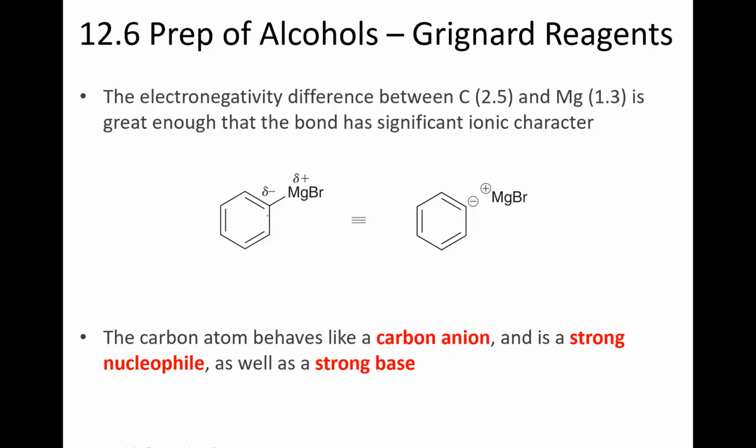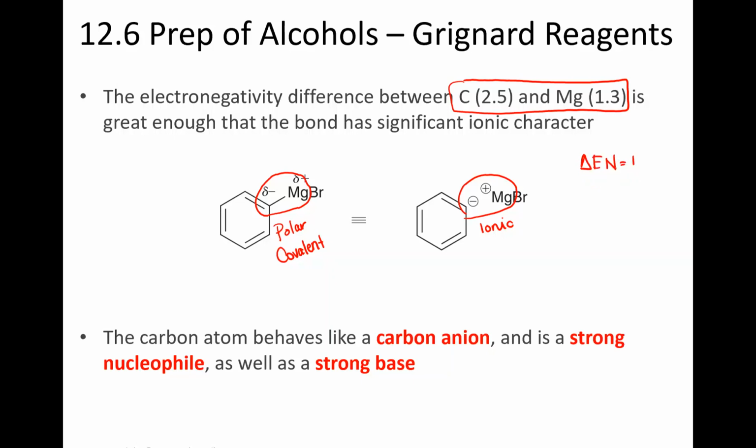The Grignard reagent can be shown as a bond between carbon and magnesium that is polar covalent or ionic. And that's because there's a difference in electronegativity between carbon and magnesium of about 1.2.